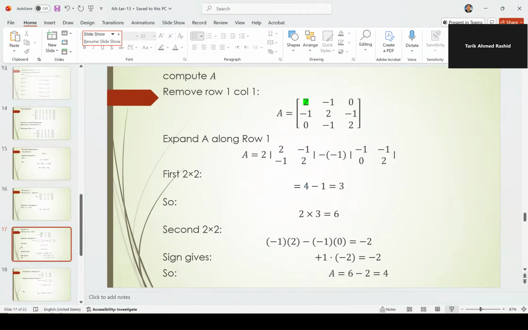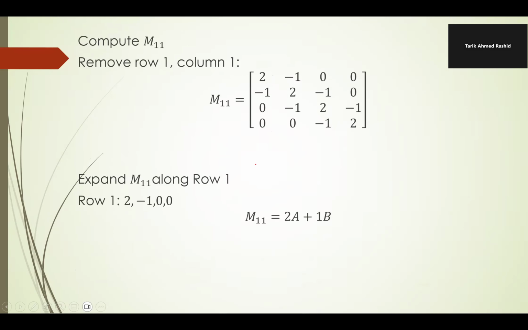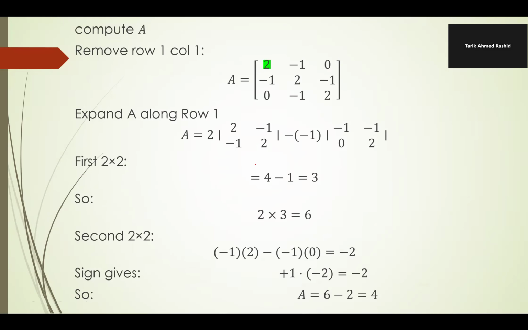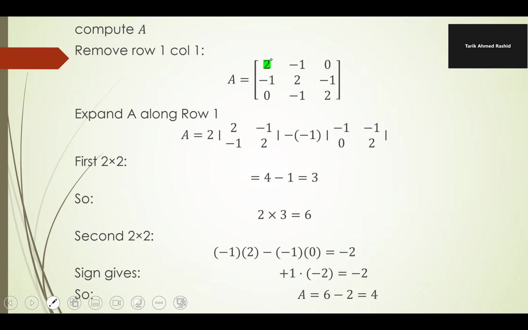So just to show you again how we have done it. For the first term, it's here. Okay, for the first term, this one. So we'll take this 4. For the second term, this one is neglected.